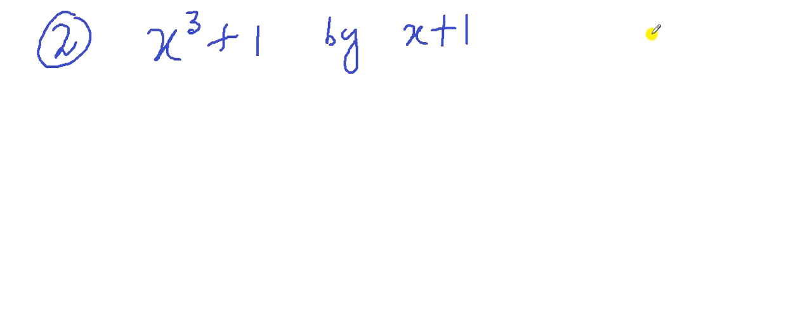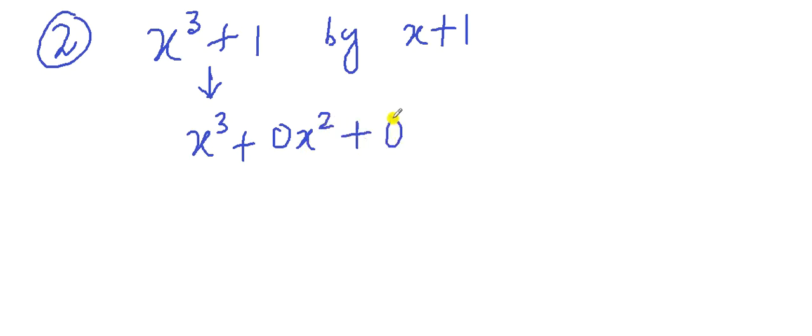Whenever you have expressions like this, try to always write them by filling in the in-between powers. So you write this as x cube plus 0x square plus 0x plus 1, because this will help you when you are doing the division.